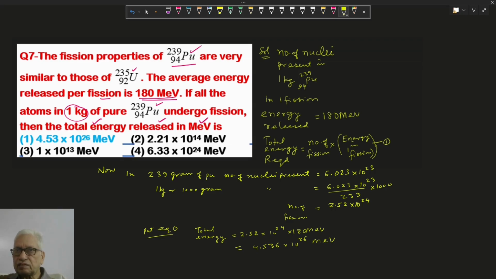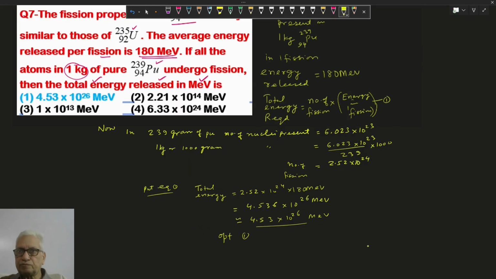After calculation we are getting 4.536 multiplied by 10 to the power 26 million electron volt. Rounding off, 4.53 into 10 to the power 26 million electron volt. So matching, option 1 is correct.